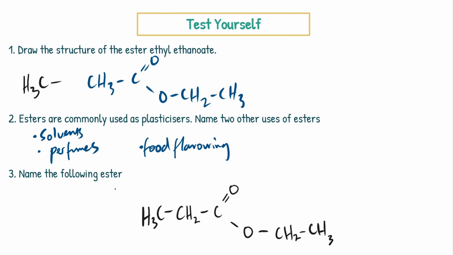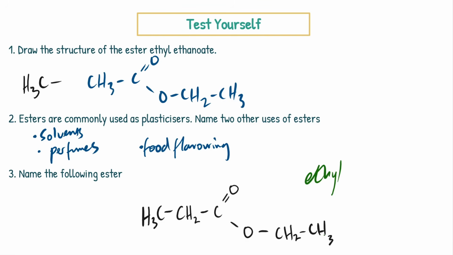All right, question 3 here. Name the following ester. I've made this one quite easy as well for you guys if you're not too good at naming, but just follow the principles I laid out in the very start of the video. Name the right-hand side, name the left-hand side, slot those guys together, and you're all good to go. So what's the right-hand side here? Ethyl.